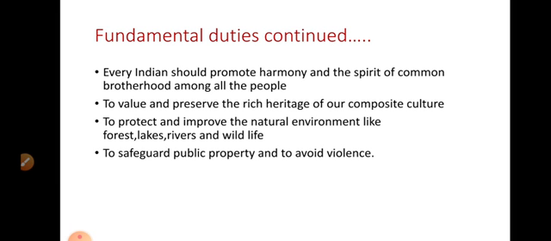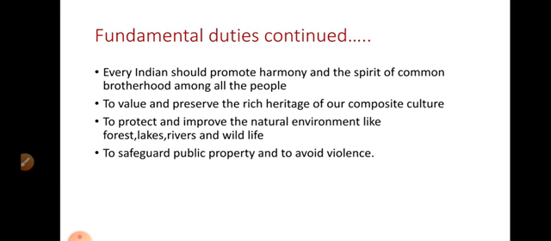So next, to protect and improve the natural environment like forests, lakes, rivers and wildlife. Obviously, this is also one of our duties to protect everything available in our country, including the environment, forests, lakes, rivers and wildlife. And at the last, to safeguard public property and avoid violence.